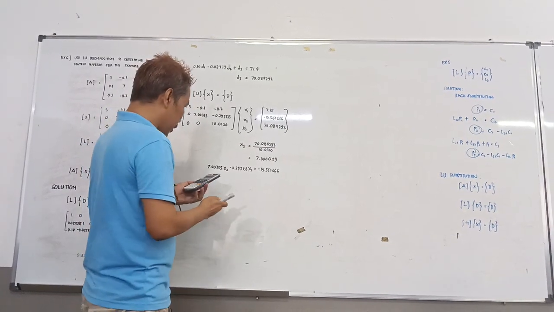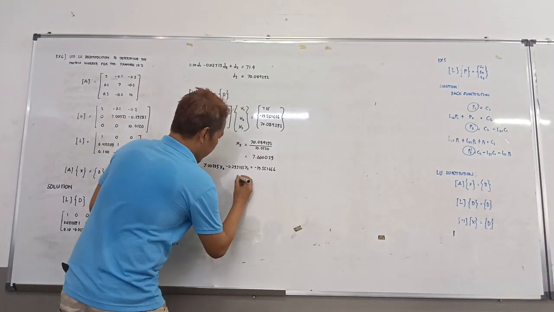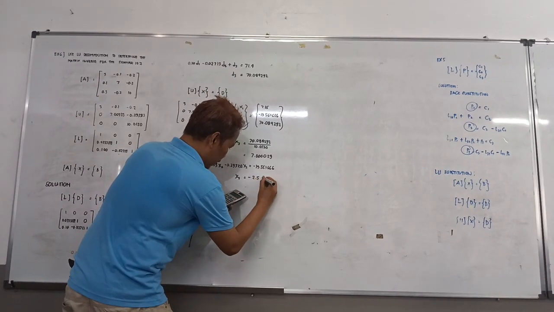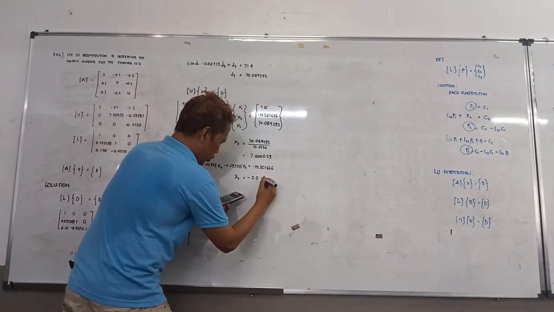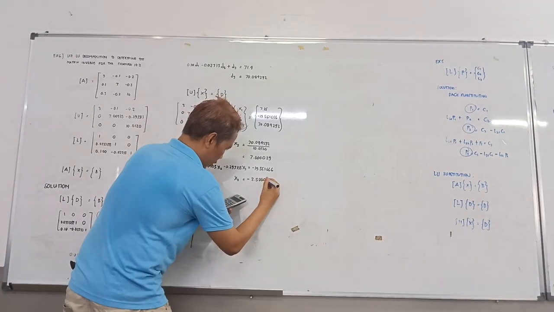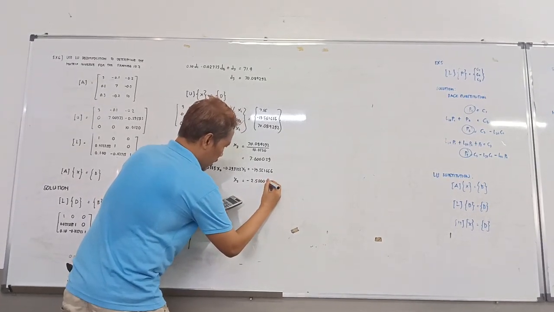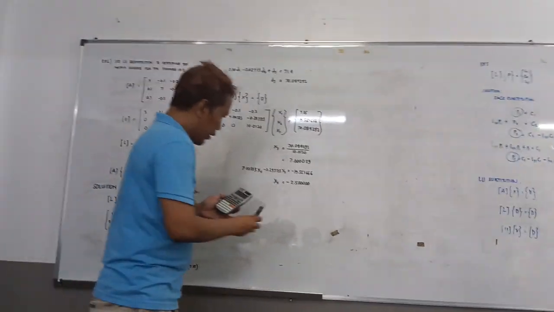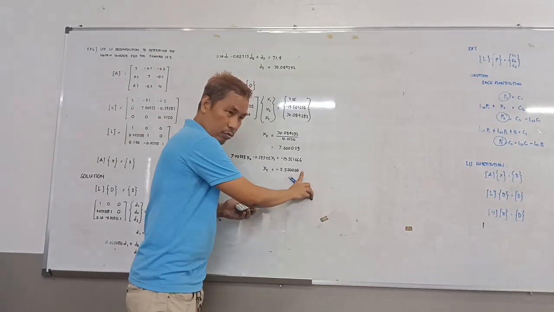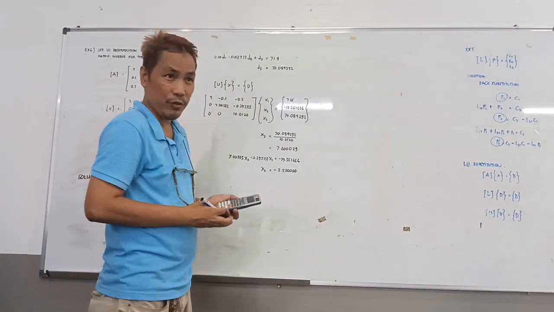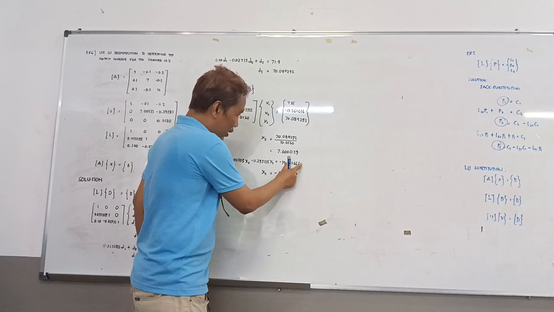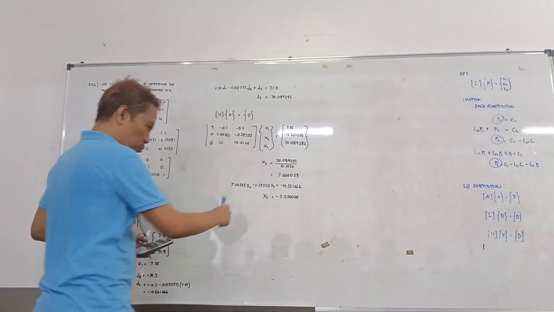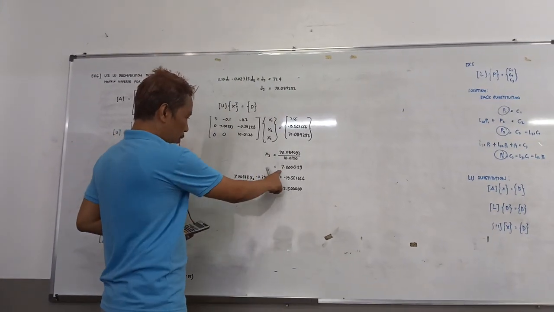We have x2 as negative 2.5, with three zeros. The next number is actually 2, but because I am using 6 decimal digits, I leave it blank. So negative 2.5 is enough. Positive 7, negative 2.5.